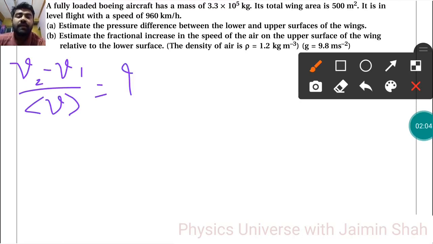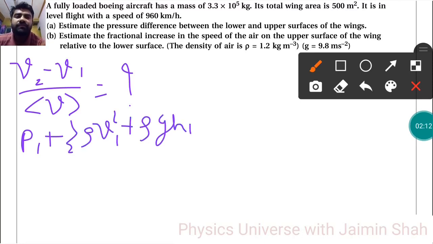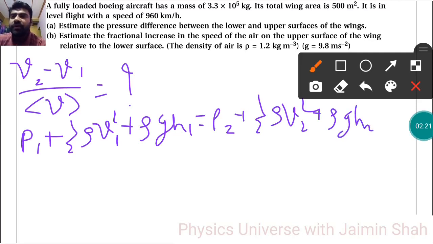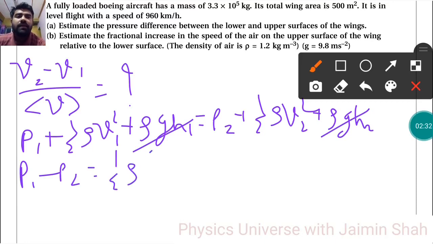According to Bernoulli's equation, p1 + ½ρv1² + ρgh1 is equal to p2 + ½ρv2² + ρgh2. Wings don't have that much thickness, so the height terms cancel out. We are left with p1 − p2 is equal to ½ρ(v2² − v1²).